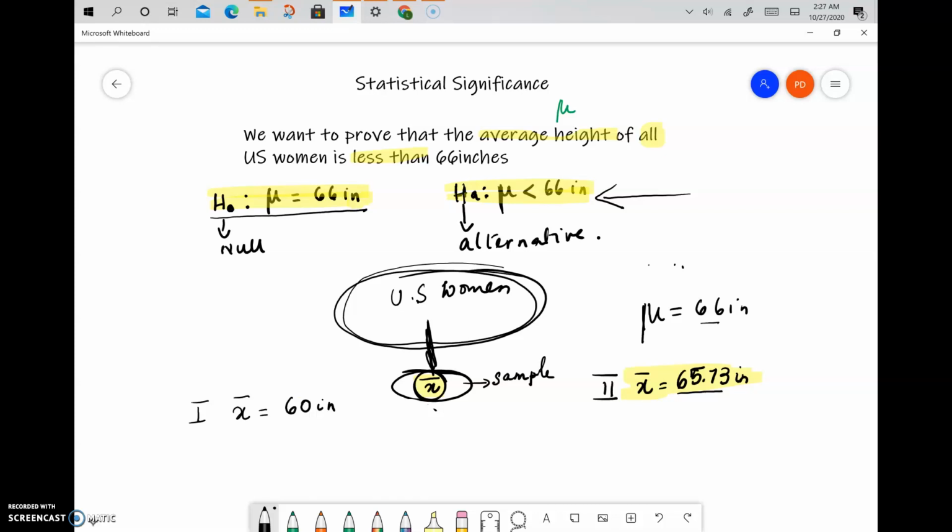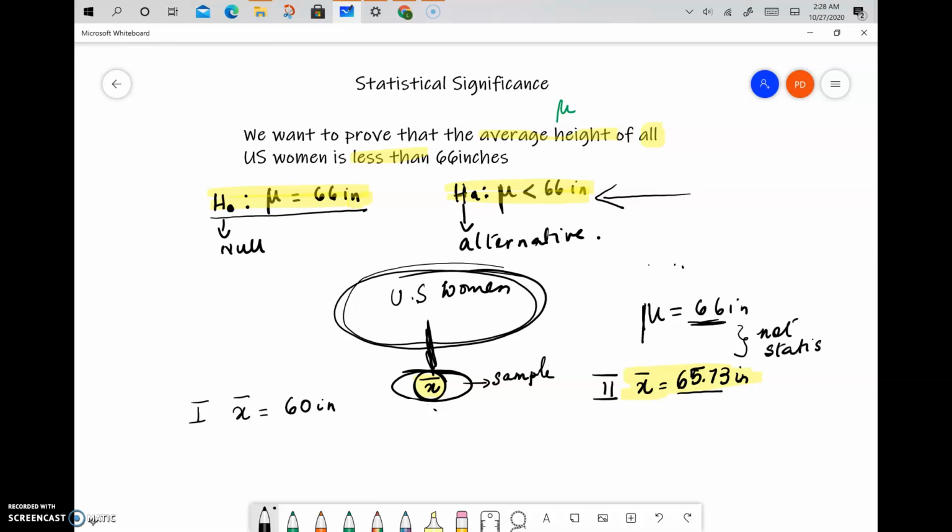So our sample shows a number slightly less. But if you think about it, this can happen only because of different samples that are extracted from the population, and because of the variation that comes from one sample to another, it is possible that we have a number slightly less than what's believed to be true. So the difference between these two numbers in statistics, we say, is not statistically significant.